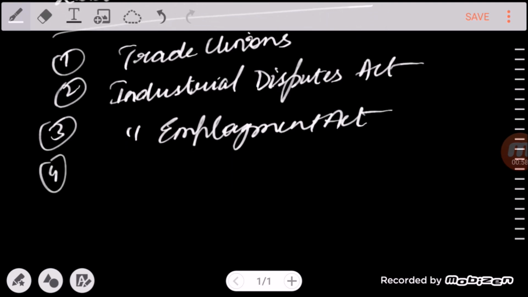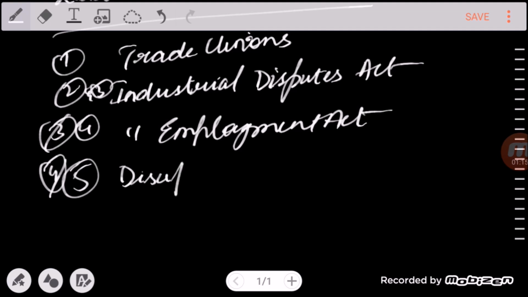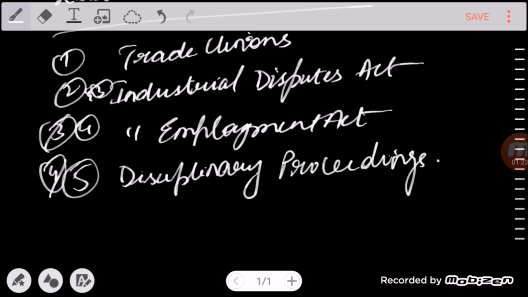Number 4, Disciplinary Proceedings in Industries. Actually, the second unit is Industrial Disputes Act, the third is Industrial Employment Act, this is 4, and the fifth one is Disciplinary Proceedings in Industries.